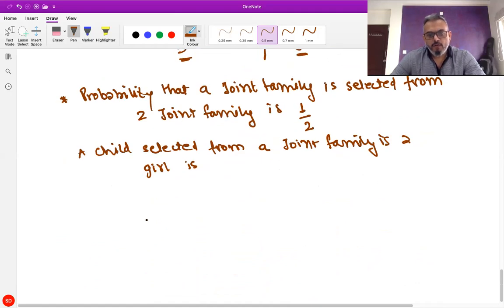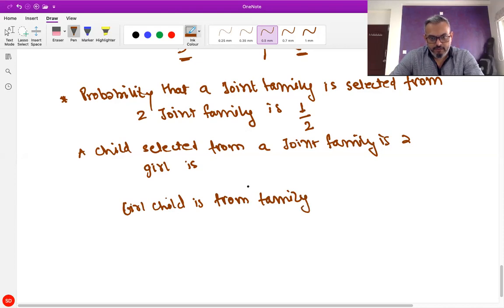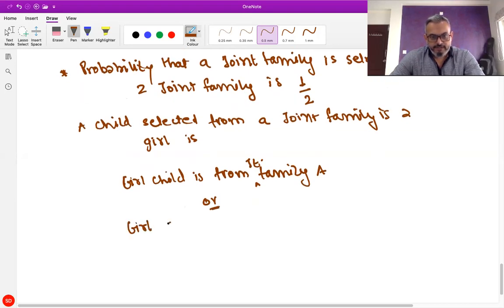Now what we can write, family A select hua, so we can say girl child is from family A, obviously joint family A, or girl child is from joint family B.